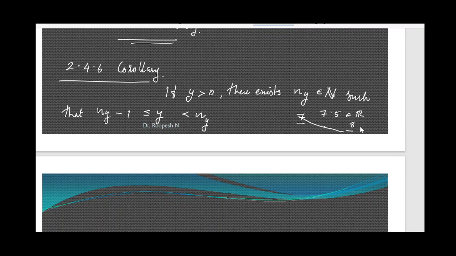So like that, if you are having any real number, you can find two natural numbers such that this real number is lying in between these two natural numbers. Lying between does not imply that it is exactly half of that, right? Because when you're taking 7.3, then also 7 and 8 is valid. Even 6 and 8 is valid, 6 and 9 is valid, everything is valid, right? So how to prove this one?